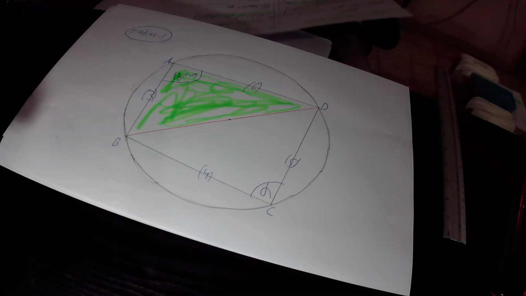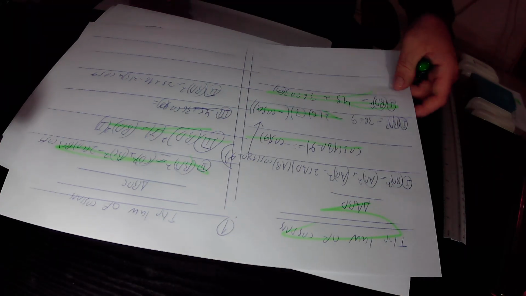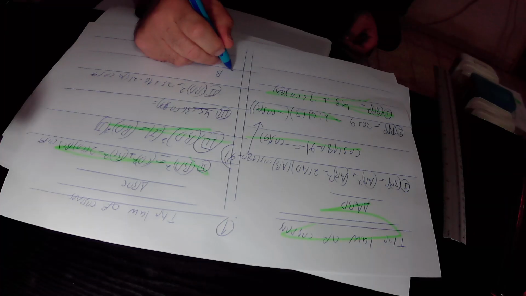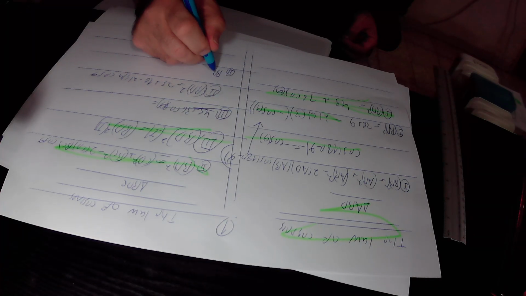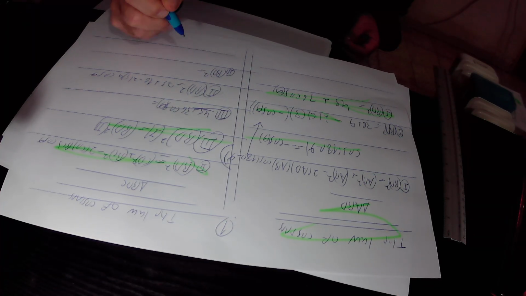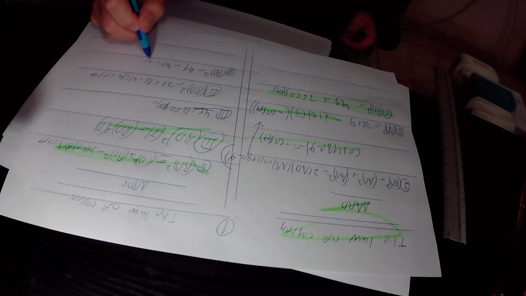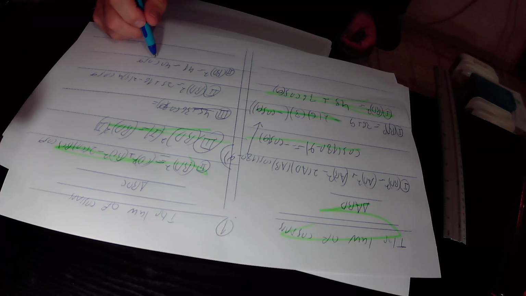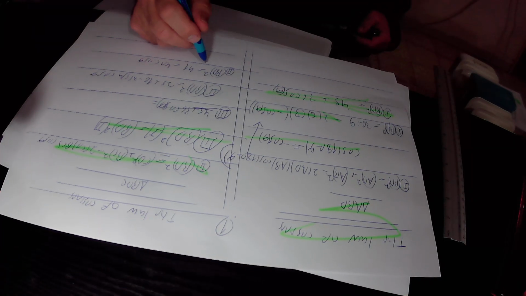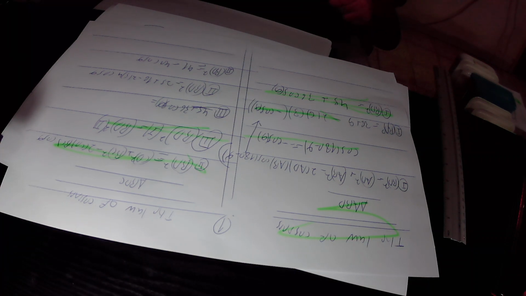So in total, BD squared equals 25 plus 16 is 41, minus 2 times 5 is minus 10, minus 10 times 4 is minus 40, times cosine alpha. So according to equation 2, BD squared equals 41 minus 40 times cosine alpha.